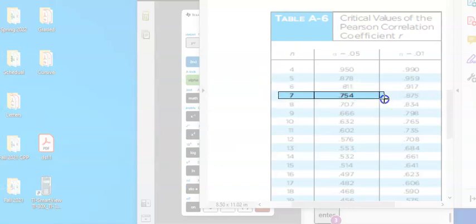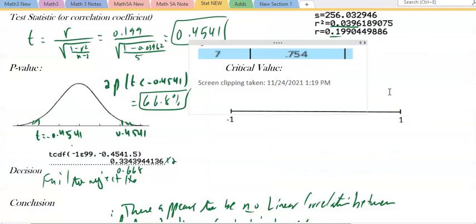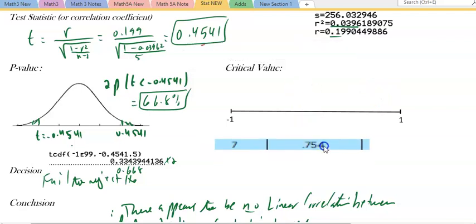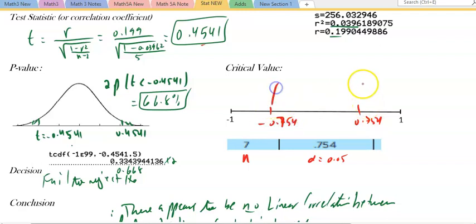We want the 5%, so we only want that number. So hopefully by now you're comfortable with that part. There's n, and there's alpha equals 0.05. So the cutoff is 0.754 and negative 0.754. Remember, that means there's no correlation.